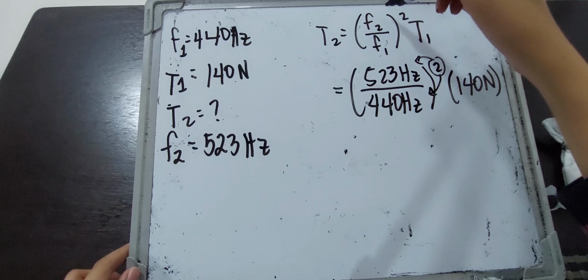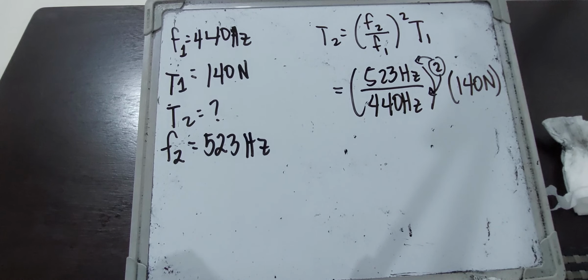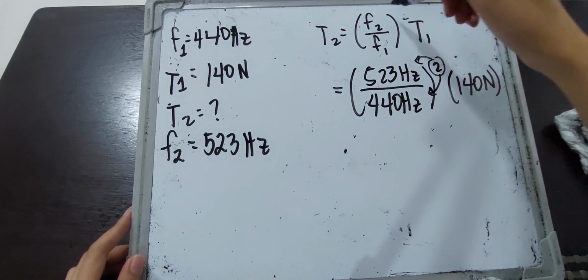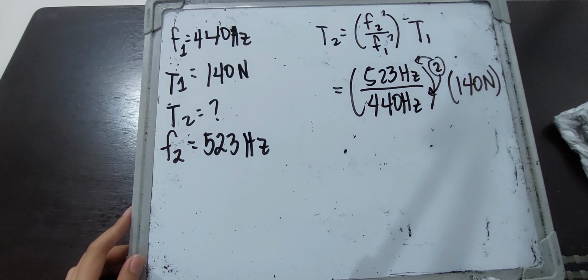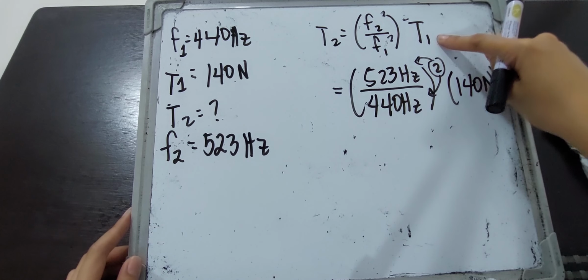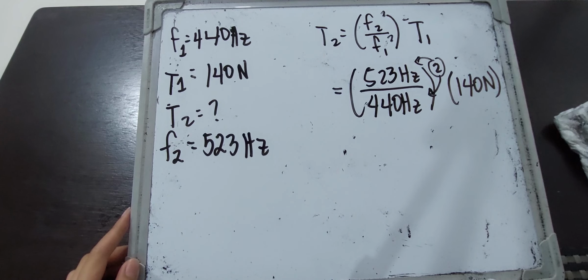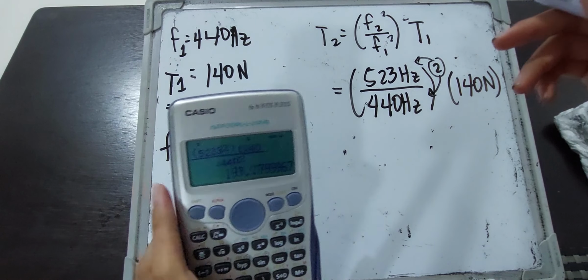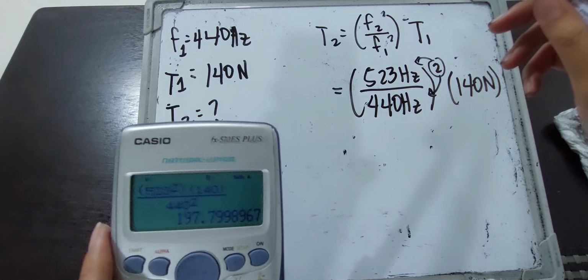So, F sub 2 squared, then F sub 1 squared, times T1. If you got the answer, it will look like this.